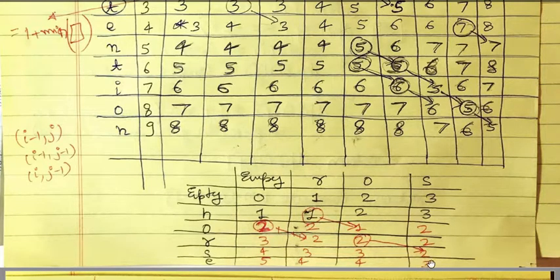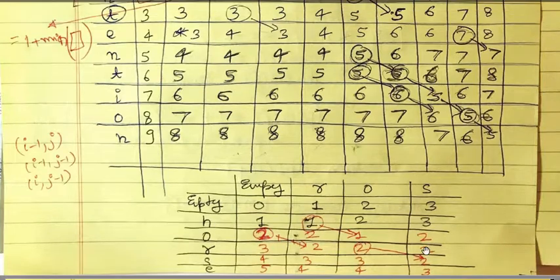So clearly the last bottom right element 3 is the number of operations needed to convert horse to ROS. So this is what we need, so we will return the [m minus 1][n minus 1] of this DP array, and this is our final answer.